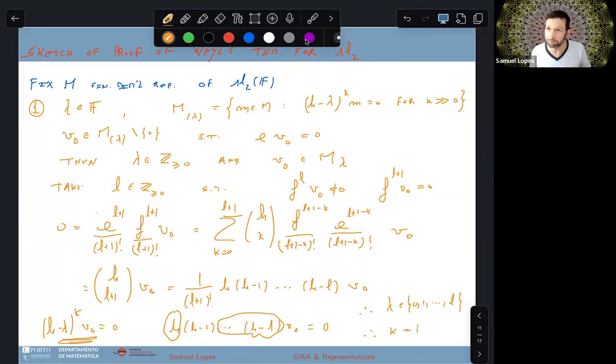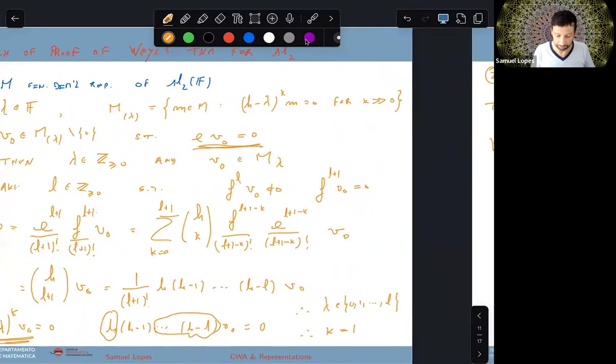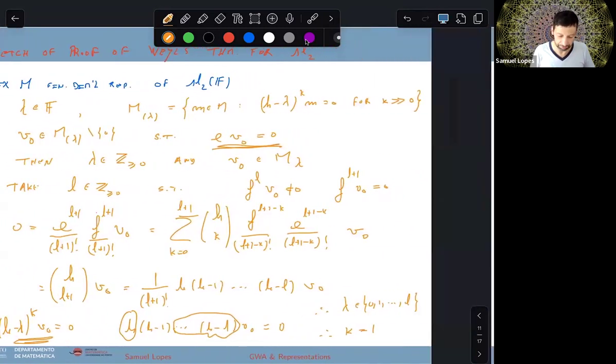What I'm saying is just linear algebra. Okay, I just realized I need to go a little bit faster. So this is the first thing we learned: generalized eigenvalues are also non-negative integers, and in fact, if they arise from an element which is killed by E, then the generalized eigenvectors are in fact eigenvectors.